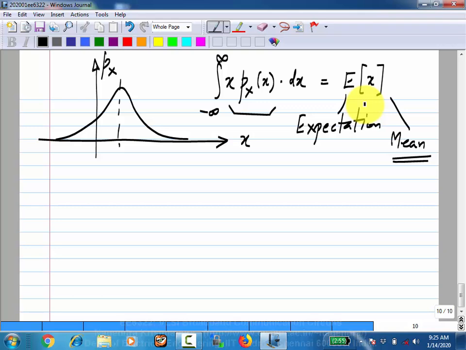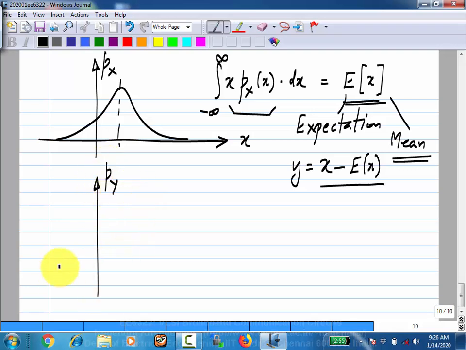Now, in our case, when we deal with noise and so on, we will be dealing with zero mean processes. Let me explain: this is the mean of x. Let me define a new random variable, which by definition is y = x minus E[x]. That is, I subtract the mean from x, and I plot the probability density function of y as a function of y.